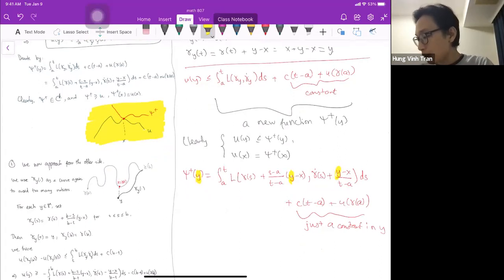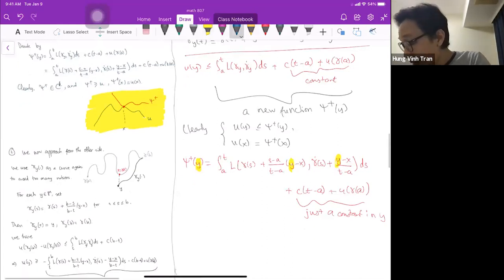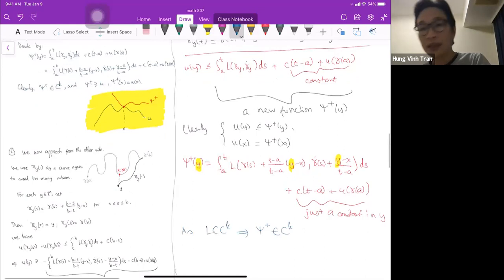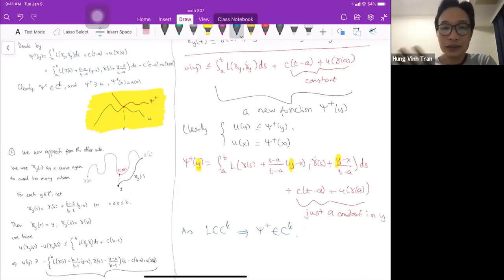Now, if you look into this, you see that we are integrating along gamma, which is already nice, and then I have some additional terms involving y. You can differentiate the Lagrangian k times, because L is C^k. As L is in C^k, you automatically see that C plus is in C^k, because you can differentiate as many times as you like.